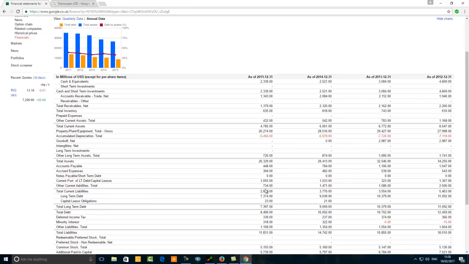So when I compare the current liability in 2015 to the current assets, total current asset 4.7 billion, current liability 2.6 billion, they have enough liquidity to finance their current liability. So this business can stay in business, so to speak, in the short term.